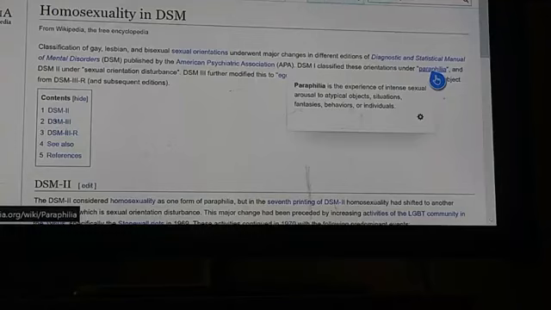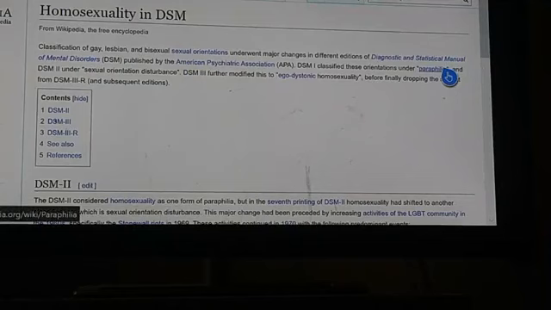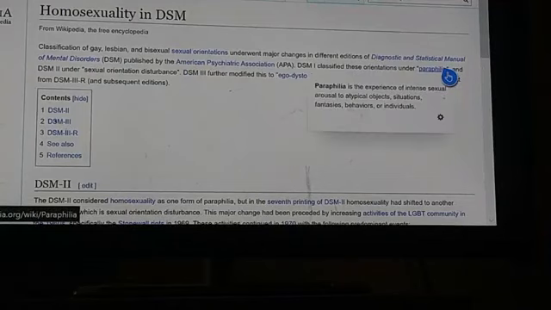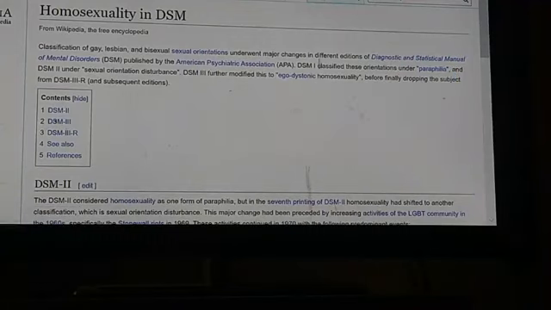Paraphilia is the experience of intense sexual arousal to atypical objects, atypical meaning opposite of typical, meaning normal, average. So it's the opposite of the average objects, situations and fantasies and behaviors or individuals. So, back then the DSM-1 told us, basically, that's exactly what it is, guys, right?